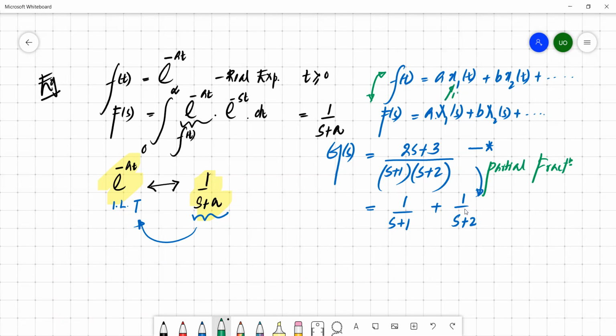This is the inverse Laplace transform of X2(s) and so on. The inverse Laplace transform of this would be e to the power minus t. The inverse Laplace transform of this is e to the power minus 2t. So the ultimate time domain response is e to the power minus t plus e to the power minus 2t, where t is greater than or equal to 0. This is the time domain response of this corresponding Laplace transform.